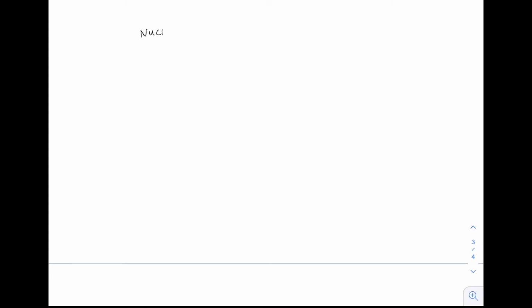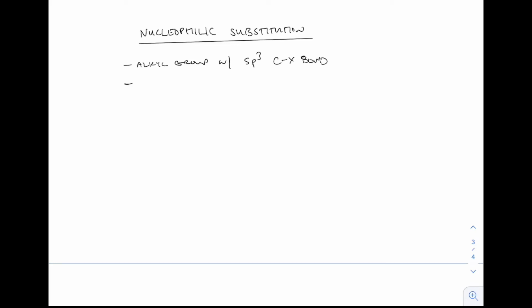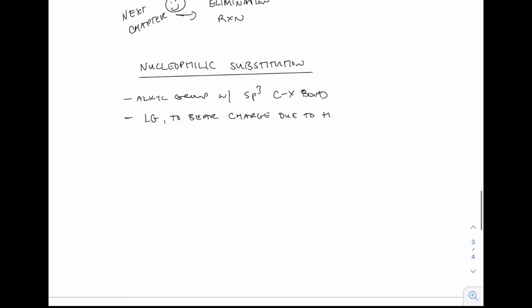So some of the factors that we're looking for when we do a nucleophilic substitution reaction, as it is called, are we need the alkyl group to have a C-X bond on an sp3 hybridized carbon. We also need a leaving group, and that leaving group is to bear that charge due to heterolytic cleavage.